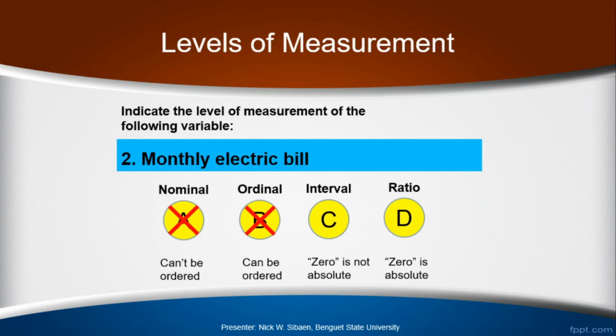Alright, we are left with interval and ratio, but which is our correct answer? Let us again think if 0 is absolute or not in this particular variable. Let us imagine a 0 electric bill. Does it mean that you do not have a bill? Yes. That makes it ratio.